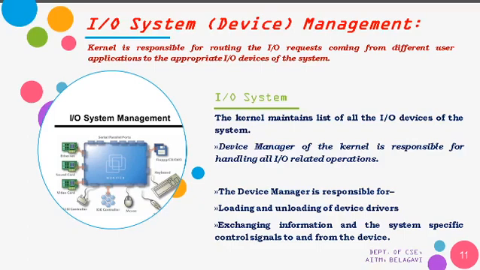In this, the kernel maintains a list of the input output devices connected to the system, and the device manager of the kernel is responsible for handling all the input output related operations. Device management is responsible for loading and unloading of device drivers and exchanging information and system specific control signals to and from the devices.